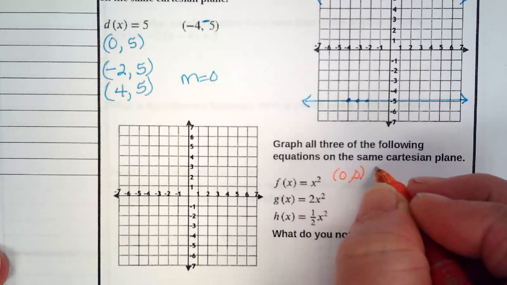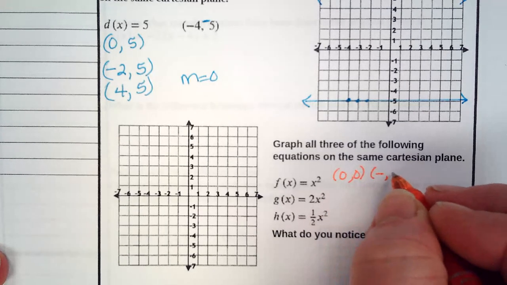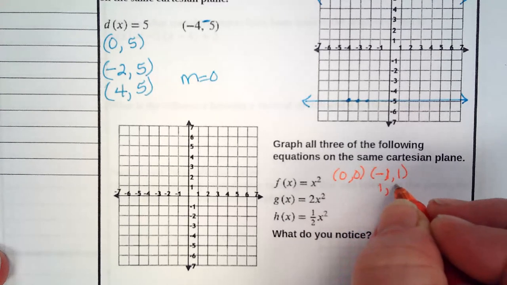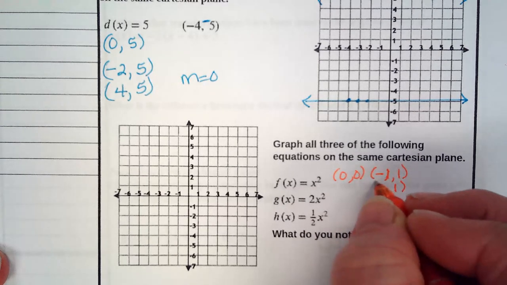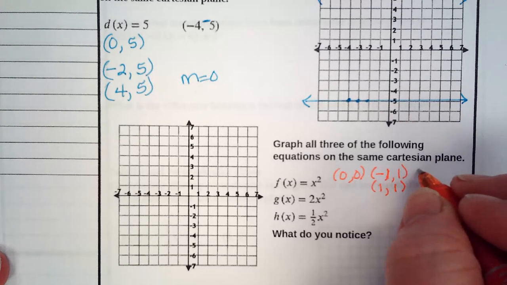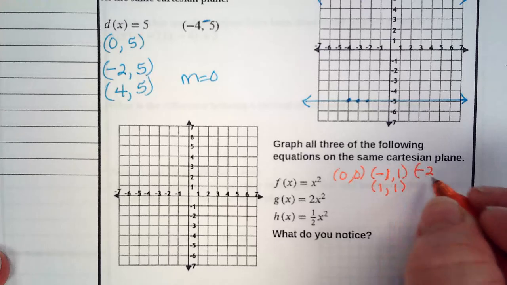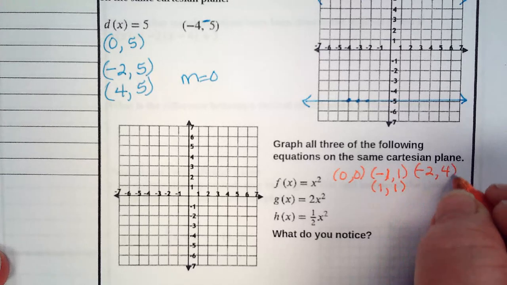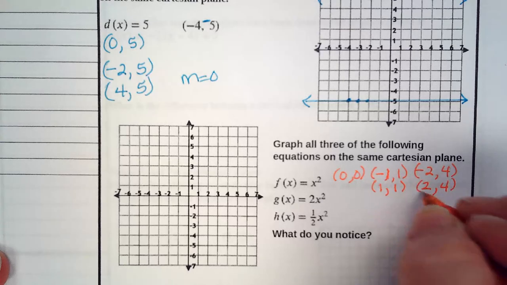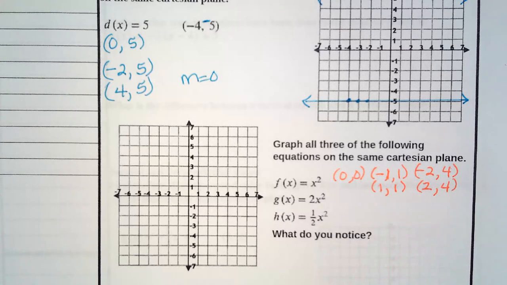When it is -1, -1 squared is 1. When it is 1, 1 squared is 1. When it is -2, -2 squared is 4. When it is +2, +2 squared is 4. So I'm going to graph these to begin with.